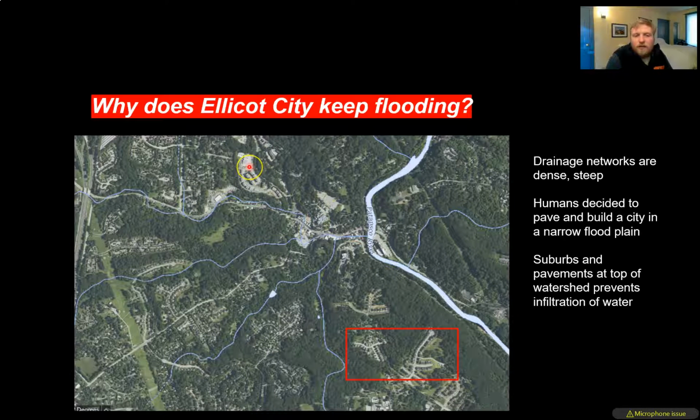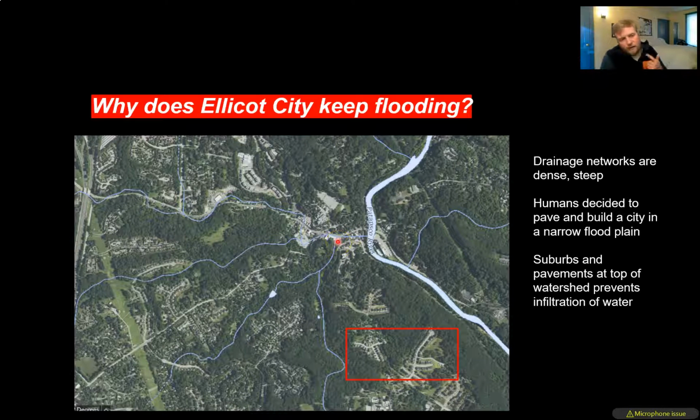And with more and more intense, rapid rainfall events related to climate change, you drop a bunch of water over this area where you have a dense network of streams that flow into Ellicott City. So Ellicott City is built at the confluence of several small streams, right?